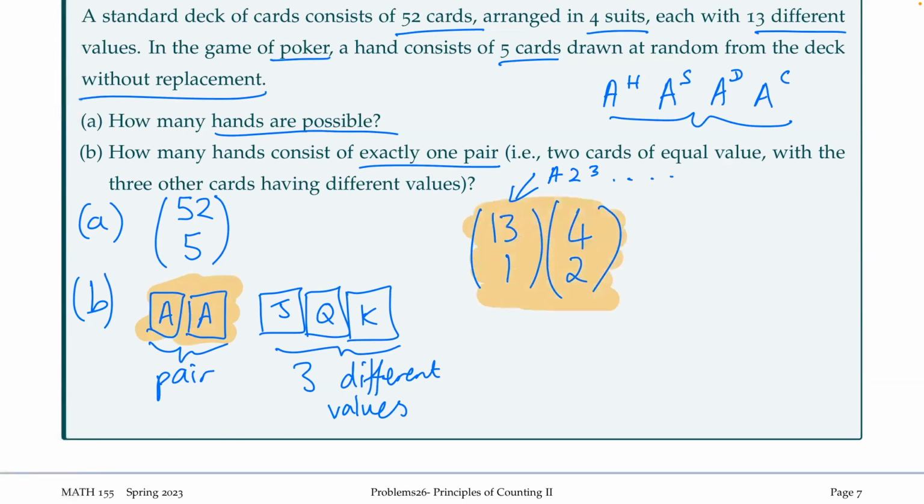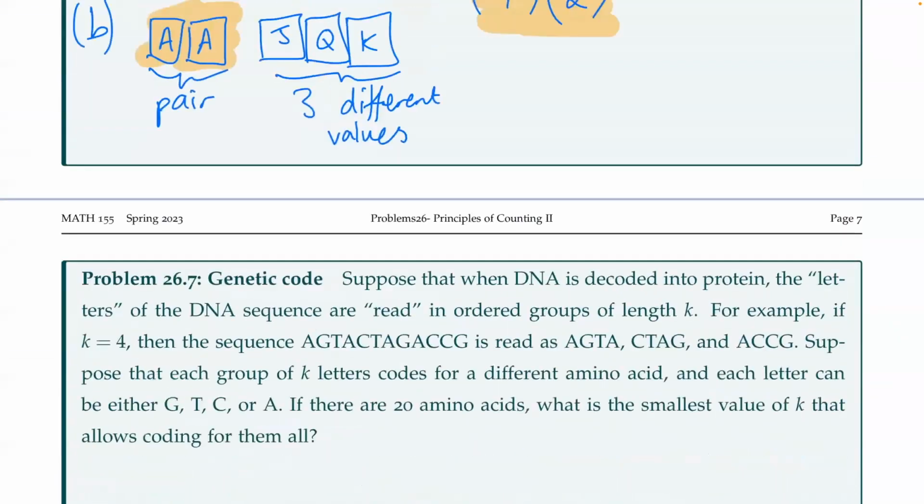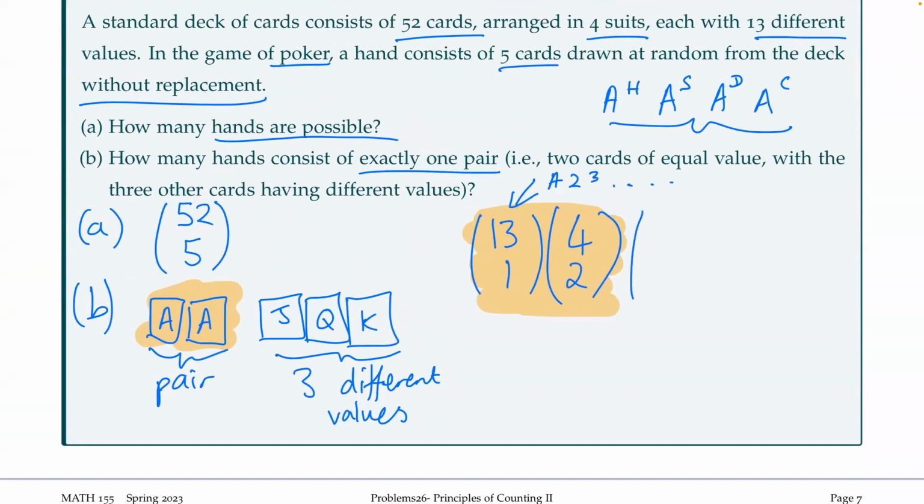We're then asked to draw 3 more that have different values, so different to each other and different to the pair. We need different values to the pair. We've already taken 1 value out, so that only leaves 12 possible values that it can be.